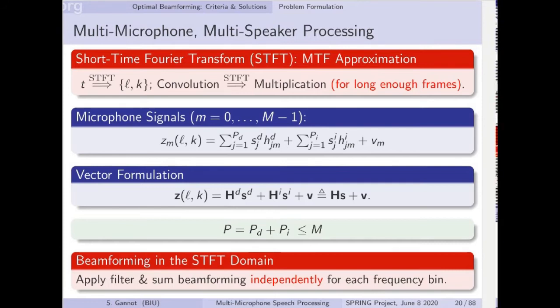So there are sources of interest, the number of them is P. It can change from frame to frame depending on their activity pattern. But the total number of sources that we would like to treat in a specific frame should be smaller than the number of microphones.